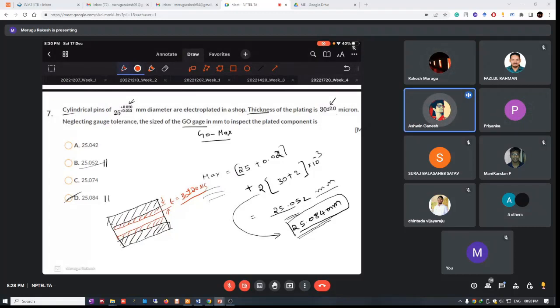Sir, for the three types of gauges you mentioned, workshop, inspection, and ISO, which one is most important to remember, sir? Because it's a lot. See, they can ask anything. They can ask design gauges from inspection method. They can ask anything, but ISO is mainly preferred.